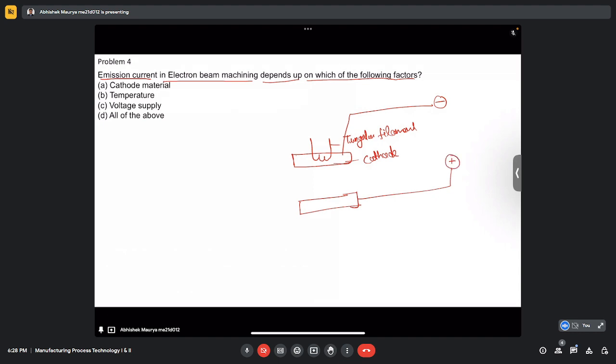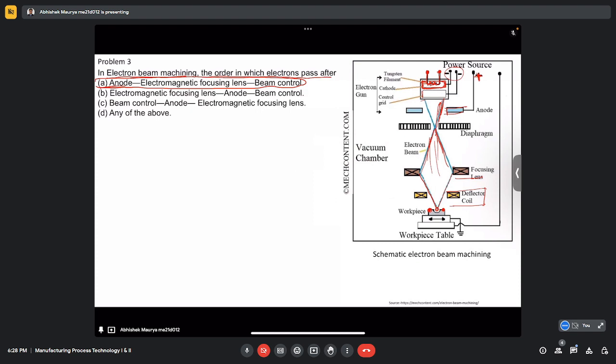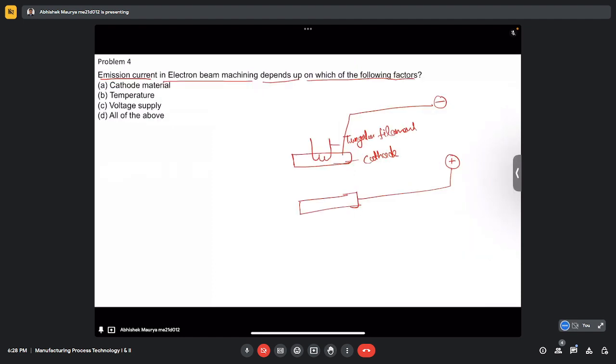Okay, so you can see it is the same. Here it has been asked about the electron beam emission current. Electrons will come out from the cathode material because of the temperature rise, and they get accelerated because of this potential difference.